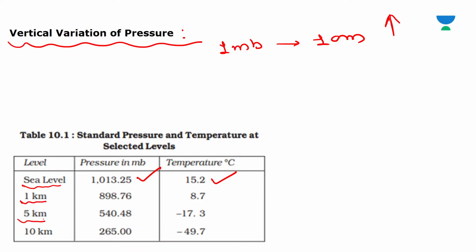At 5 kilometers, pressure is 540.48 millibars and temperature is minus 17.3 degrees Celsius. At the height of 10 kilometers, the pressure is 265.00 millibars and temperature is minus 49.7 degrees Celsius.